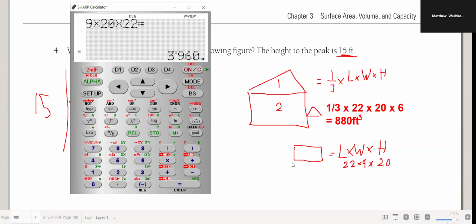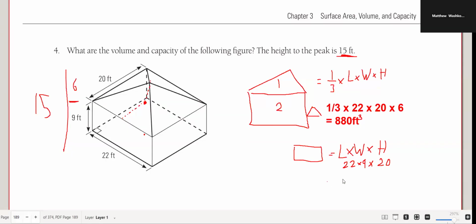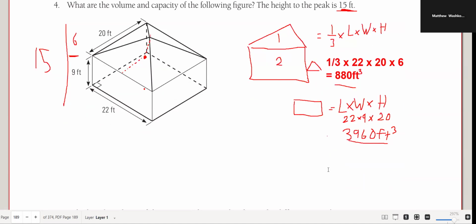It is a total of 3,960 cubic feet. Now I'm not done because it wants us to add these up, right? Underline that. So in this case, the total volume is 880 plus 3,960.